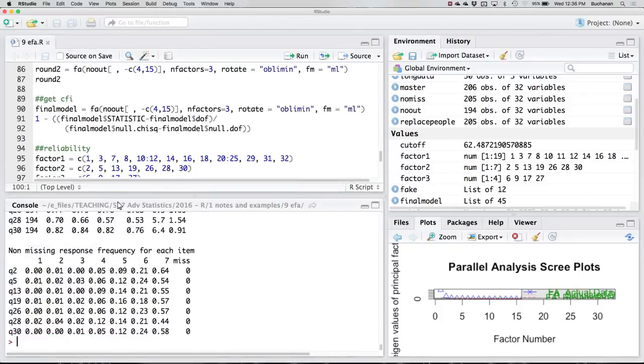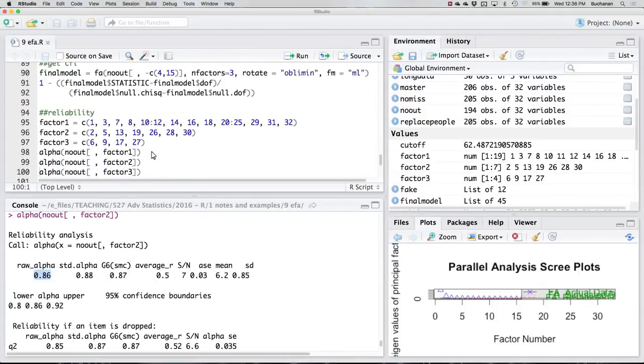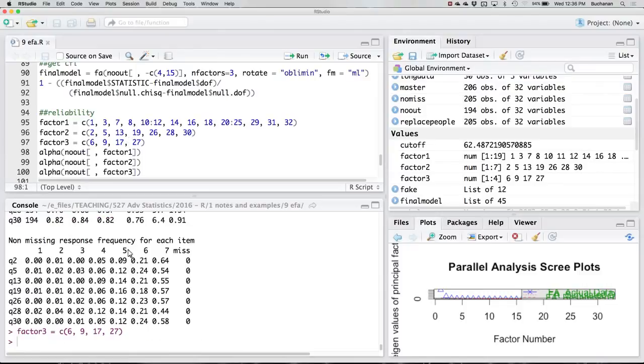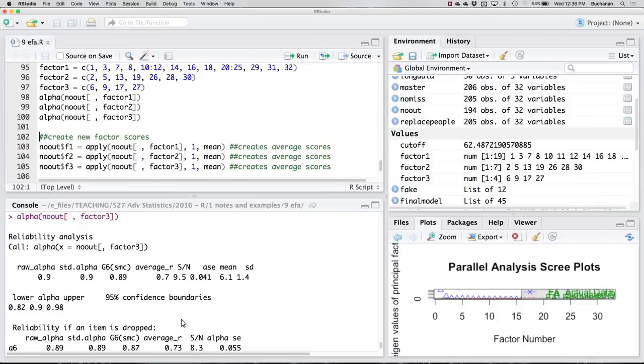Now the second one. Oh my god, all the output. 0.86, it's pretty good. The more questions you have, the more reliable a factor will be, no matter what. And then, oops, I ran the wrong thing. Factor 3 is 0.9.